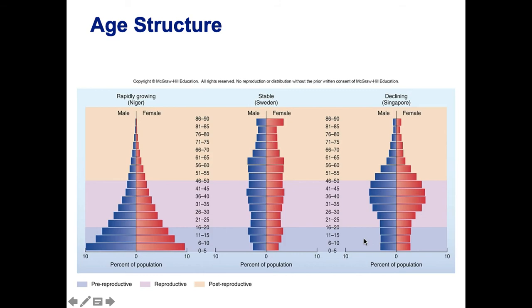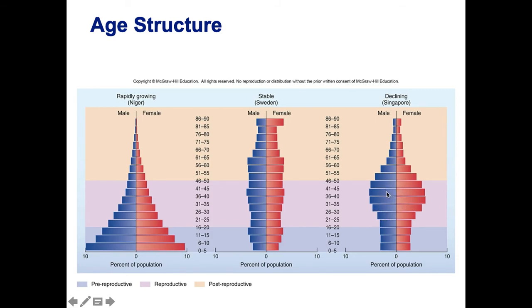A declining population, you can see, will have more adults than children. And this is a population that will decrease through time. We can tell this because the younger age classes are eventually going to be in the reproductive category, which is this middle band.